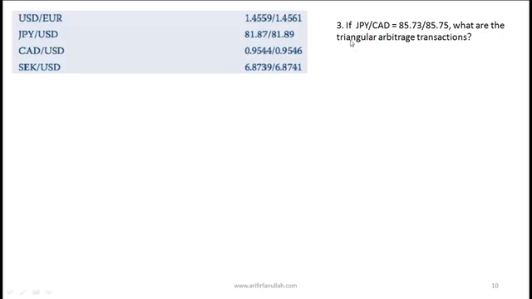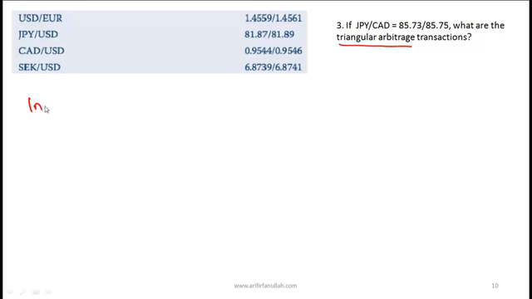Now let's talk about the concept of triangular arbitrage. Triangular arbitrage happens when there is a discrepancy between the cross rate and the implied cross rate. So in this case, the rate between Japanese yen and Canadian dollar is 85.73 / 85.75. Let's also look at the implied cross rate between the Japanese yen and the Canadian dollar.